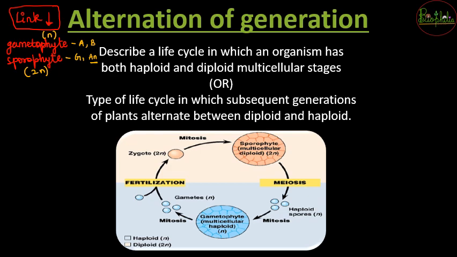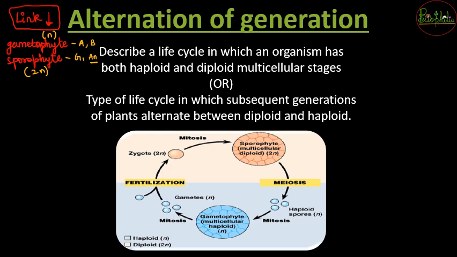But in that life cycle of sporophyte also, there is going to be the formation of pollen grains and the ovule formation. So that is nothing but the gametophyte, which is going to be very small. जबकि if you have seen about algae's life cycle, algae में क्या हो रहा था? The gametophyte was going to be dominant and seen all over the place, whereas the sporophyte was going to be seen in a very small time period.